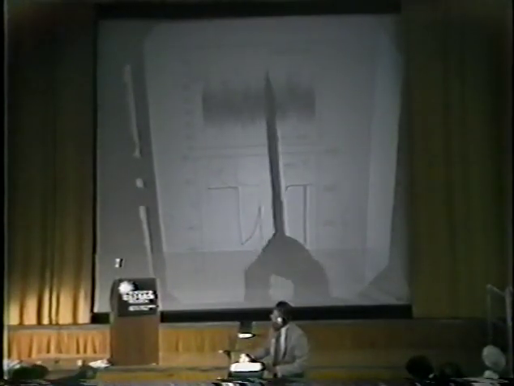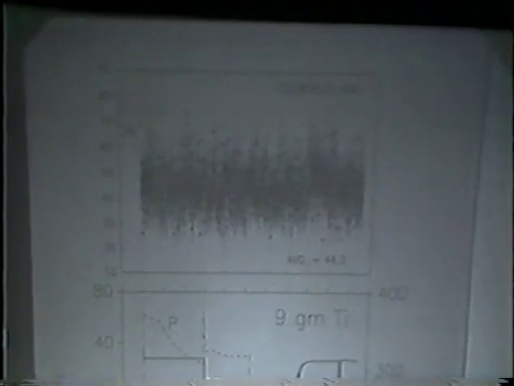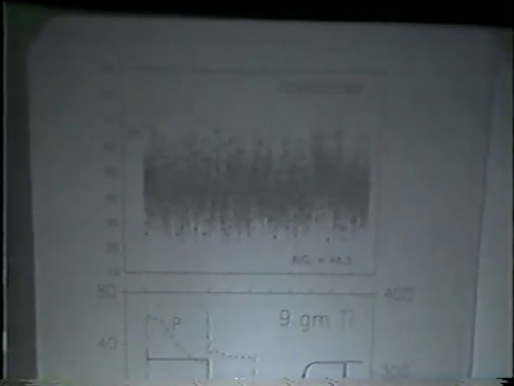The only thing that's different from the palladium run is a small cluster of counts per 5 minutes above our 3 sigma level.